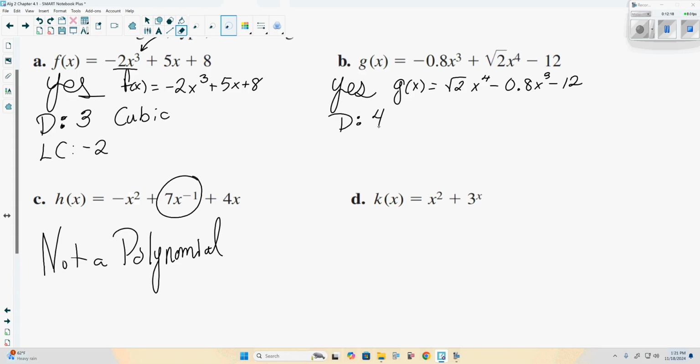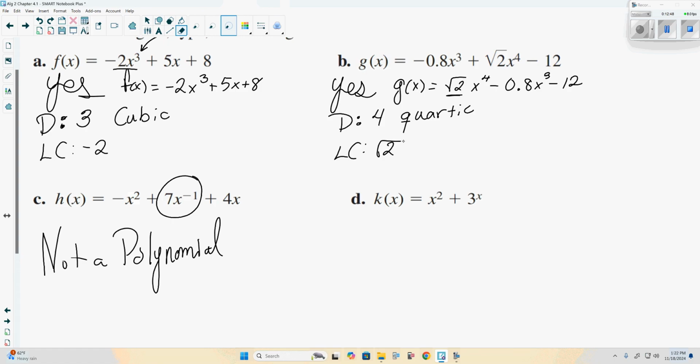And the type is quartic. And the leading coefficient is almost. What's the number in front of the term with the biggest exponent? Radical. Square root of 2, radical 2.